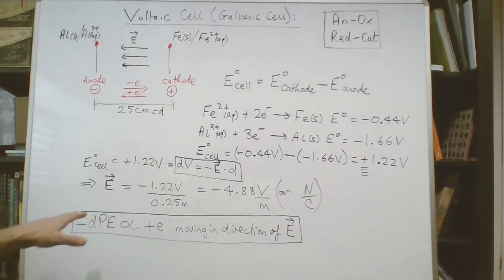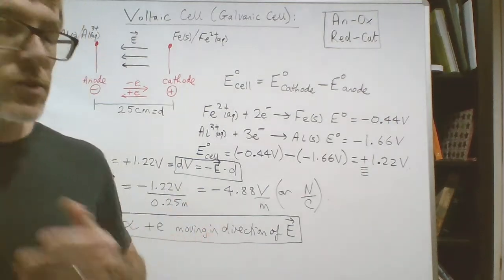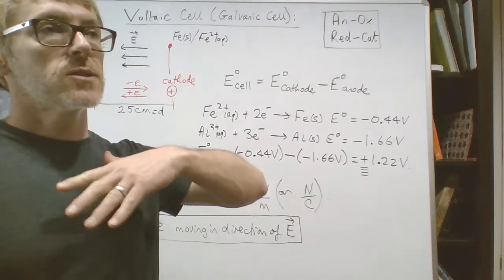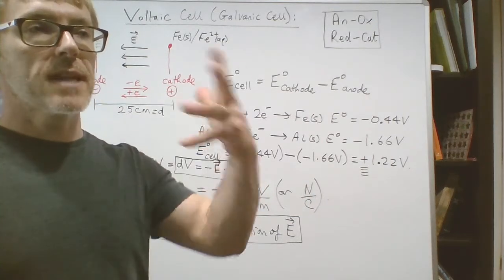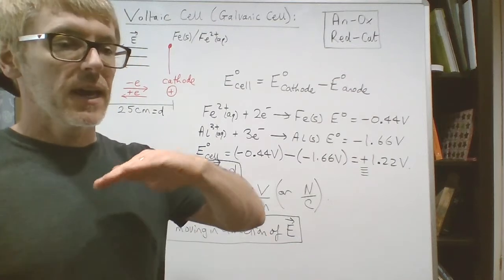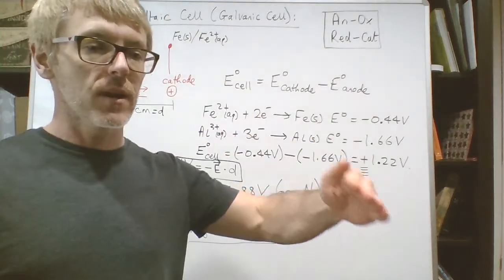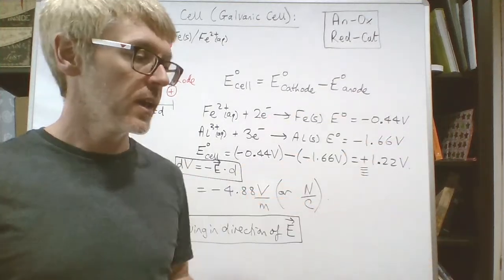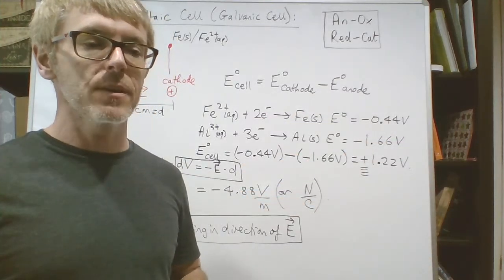Now, a negative change in potential energy, imagine that's like falling downhill. If you spill water, it's naturally going to go down. It's naturally going to lose potential energy. It's going to fall down. So let's say that's the thing that happens naturally.